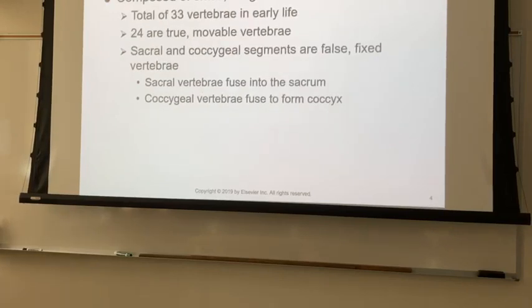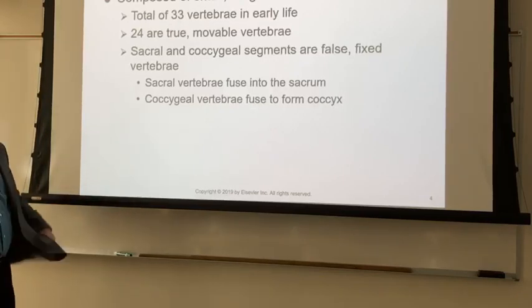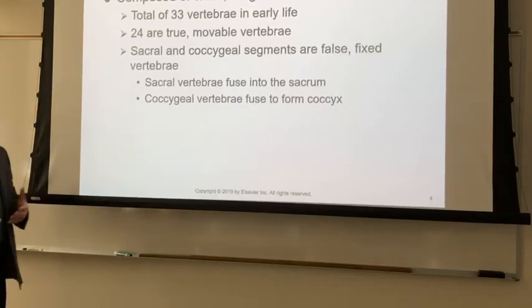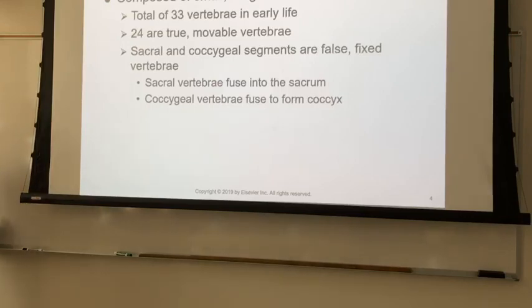So, a typical skeleton, we're going to have 33 vertebrae, 24 true movable vertebrae, and then the sacral and the coccyx segments are fused into basically one big bone that we're going to call the sacrum, even though it's individual bones, they're fused together to create the sacrum, and the same thing for the coccyx.